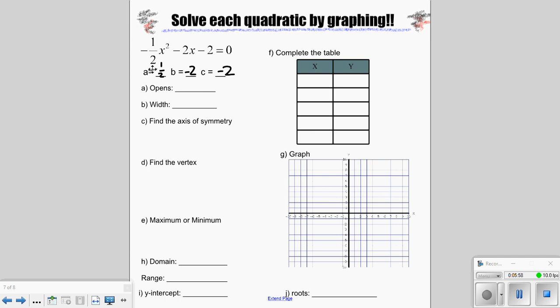I found that -2, 0 was going to be my vertex here because it is the same in both directions after that. So -2, 0, that is my vertex. And then I just go -3, -4, -1, 0. And I fill in using my calculator to help me out here.